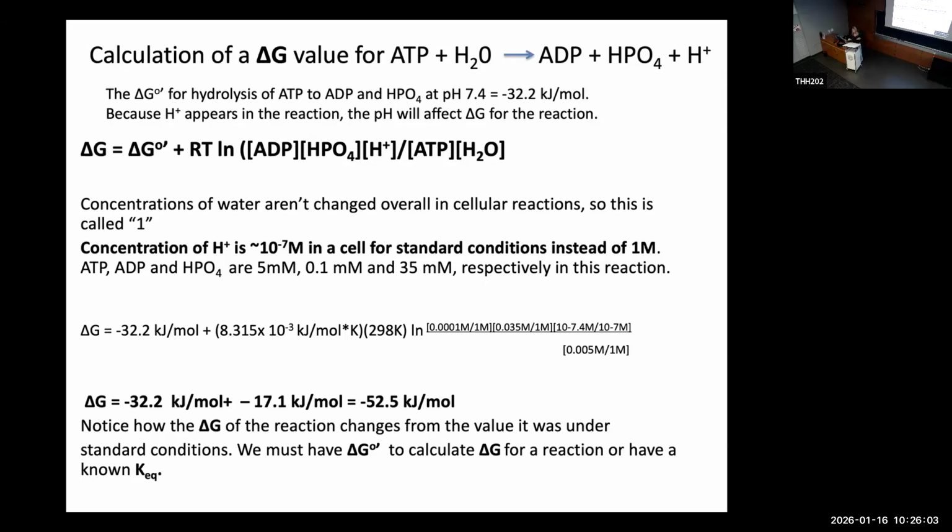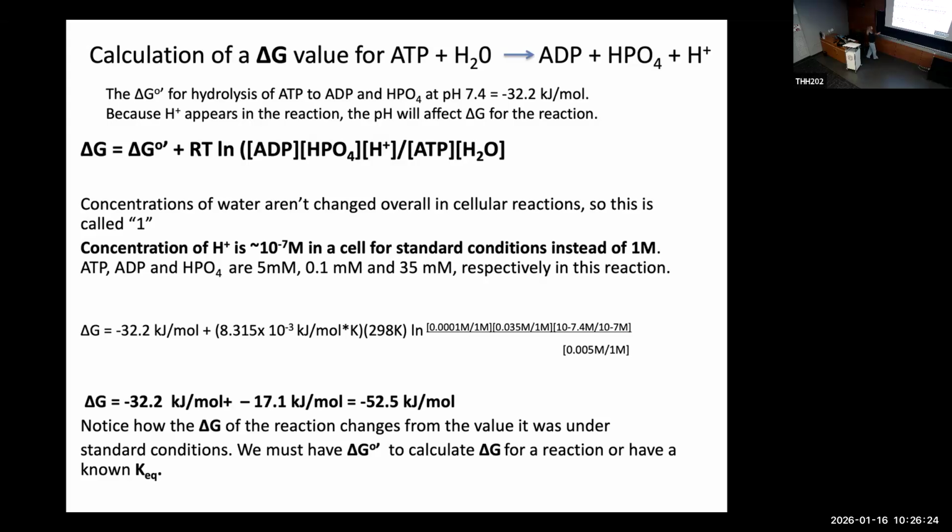That's what the concentration of protons are at pH 7. We have to put that in the equation. These are the other concentrations of products and reactants, and we'll plug those in. Notice they're in millimolar, so we're changing those to molar because standard state is in molar.